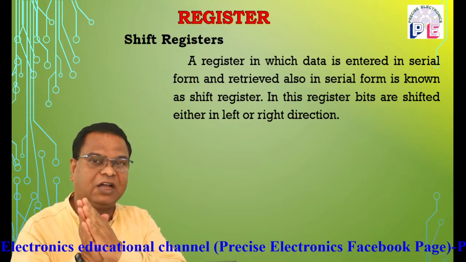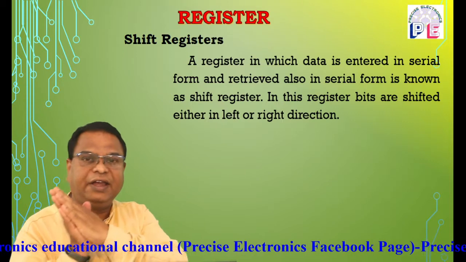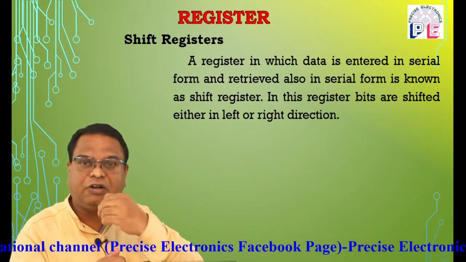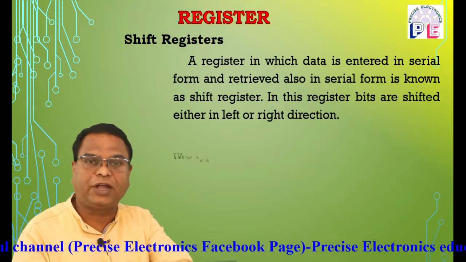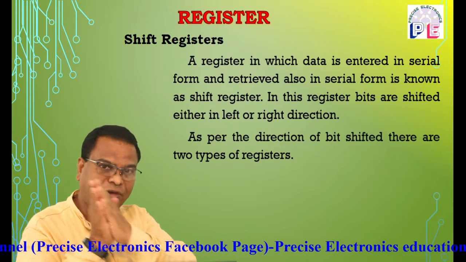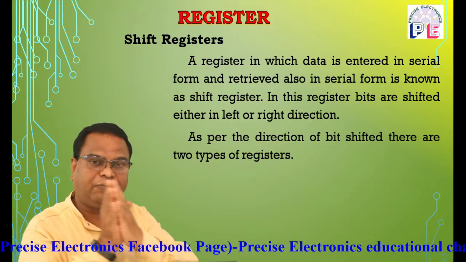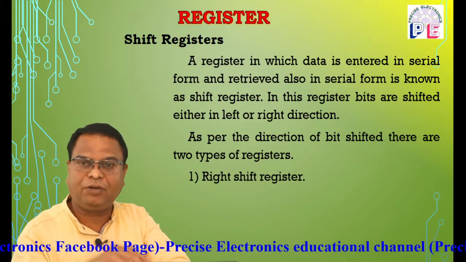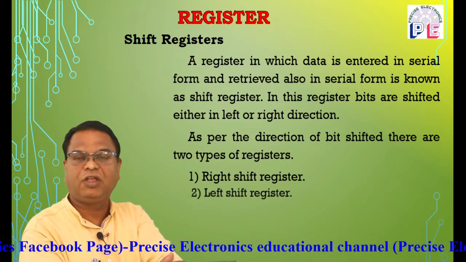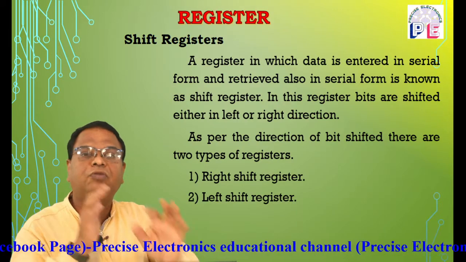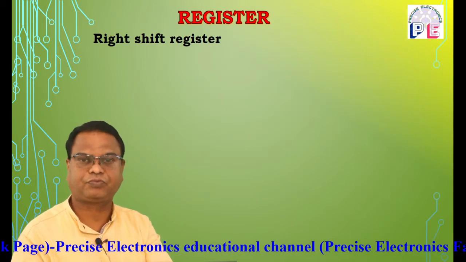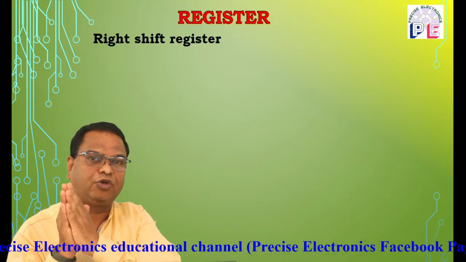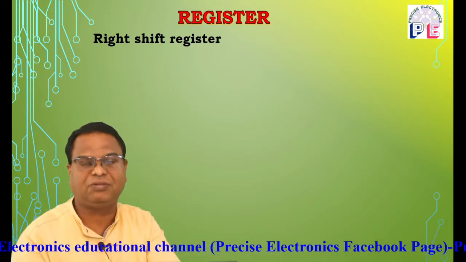These bits are shifted either in the left direction or in the right direction, and as per the direction of shift there are two types: right shift register and left shift register. In this video lecture, we are going to study the right shift register. Obviously, data or bits are moving toward the right hand side, so it is known as a right shift register.